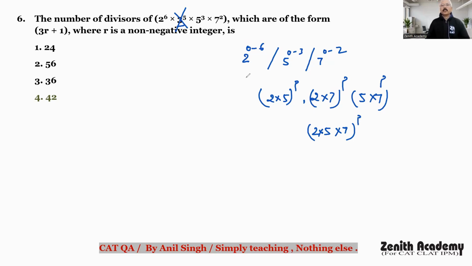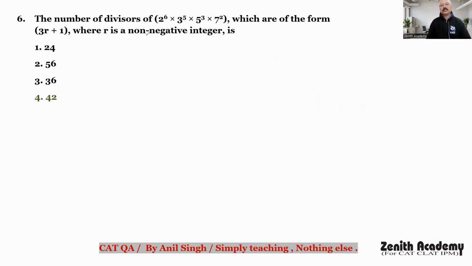So there are various possible combinations: alone 2, 5, 7, or pairs 2 and 5, 2 and 7, 5 and 7, or 2, 5, and 7 all together. Such combinations are possible in these questions. So the main task is to decide the total number of such divisors of this number, which can be written in the form of 3r plus 1.